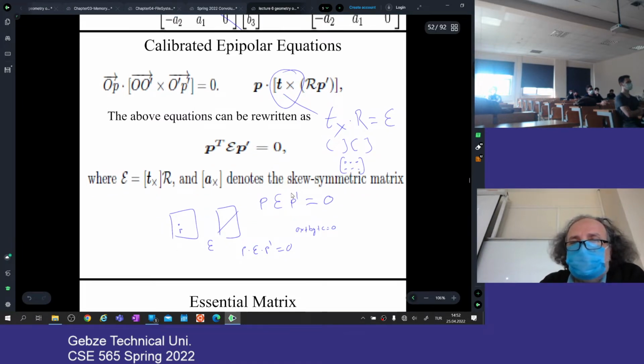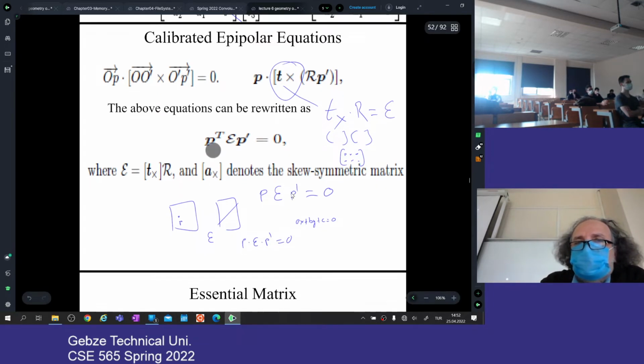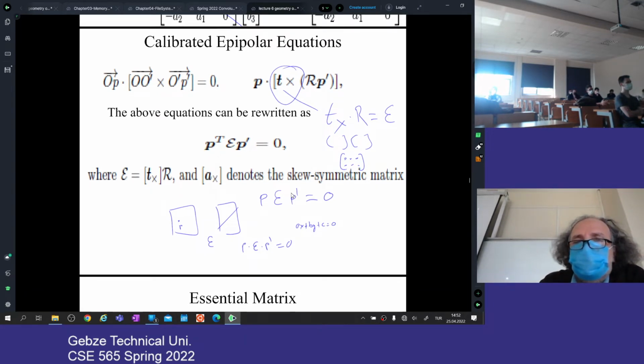Since I like to be in the linear algebra world, I say take the transpose of P. P is a vector, make it a row vector. So it's a row vector now.